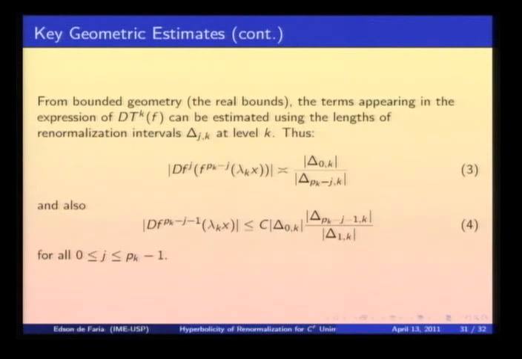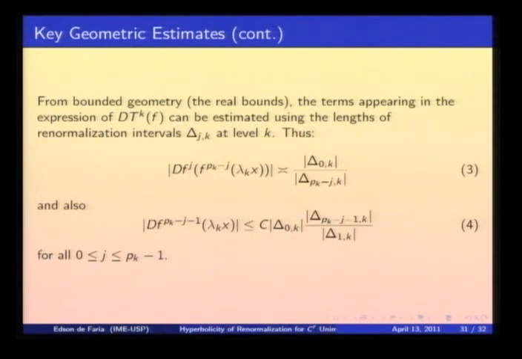When you have an infinitely renormalizable map, you have a Cantor set, which is the closure of the orbit of the critical point, and it has a hierarchical structure of intervals. What you see here are ratios of intervals from the same generation. So these ratios control these derivatives.